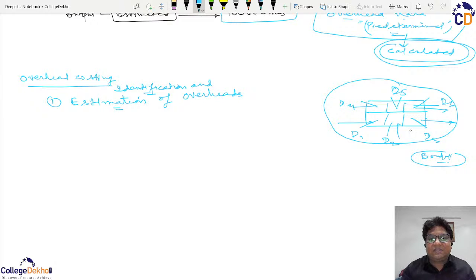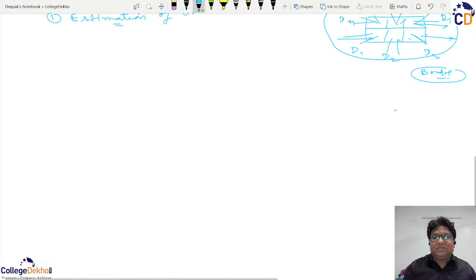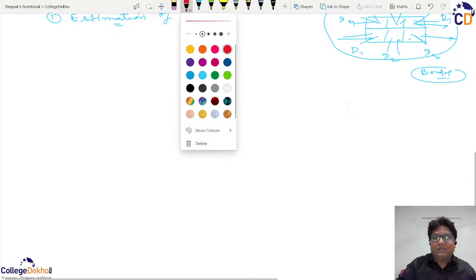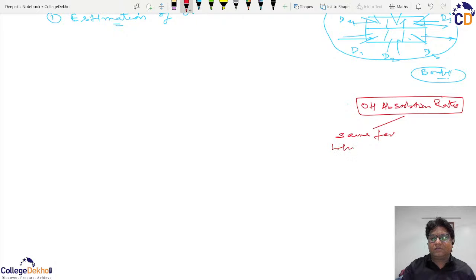So what people do, they estimate the overheads department-wise and they calculate the overhead rate not of the whole factory together but for each department separately. So these overhead absorption rates can either be the same for the whole factory, and we use the word blanket rate, blanket overhead absorption rate.